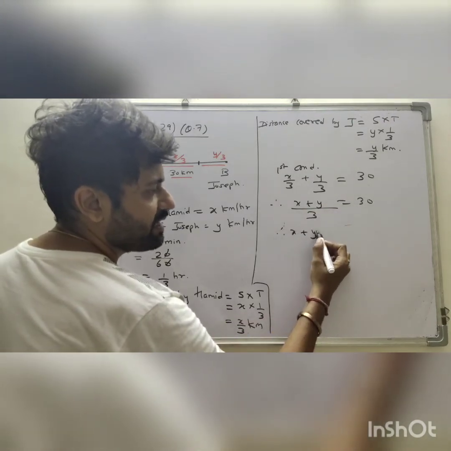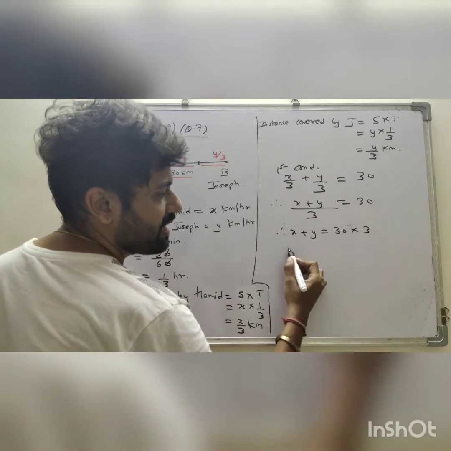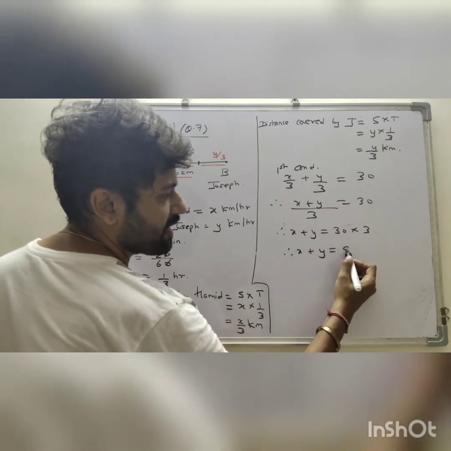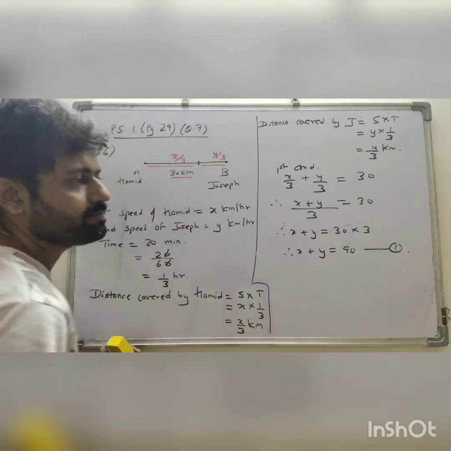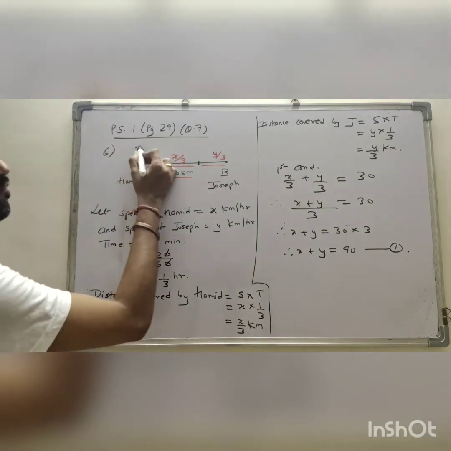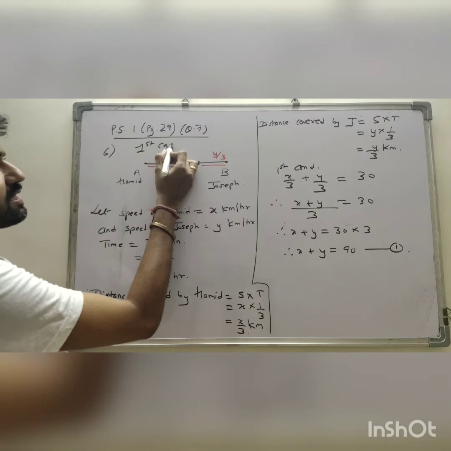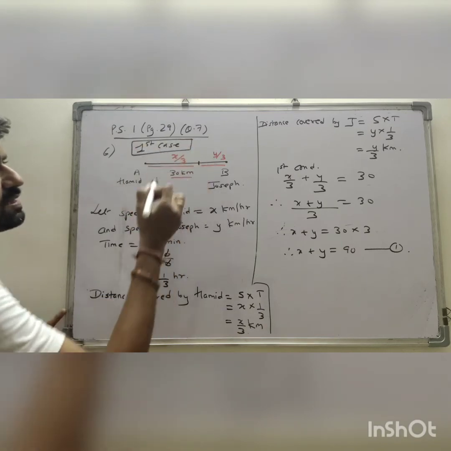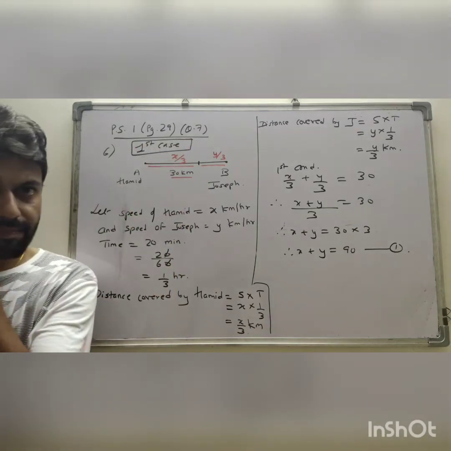Therefore, x plus y is equal to 30 into 3. x plus y is equal to 90 is the first equation. Remember, so far we have done the first case of this sum.